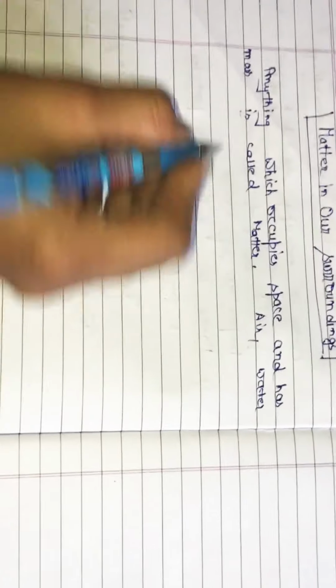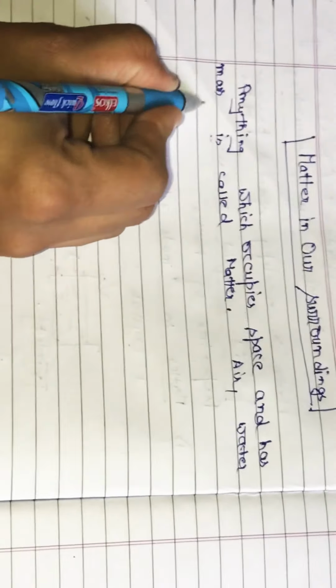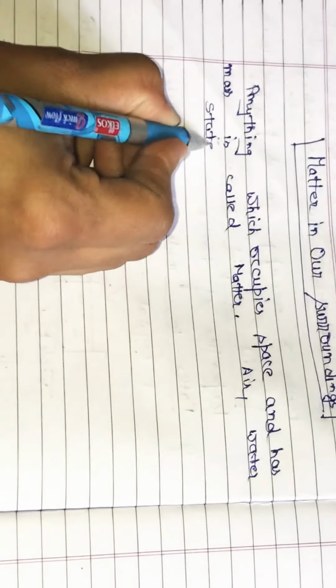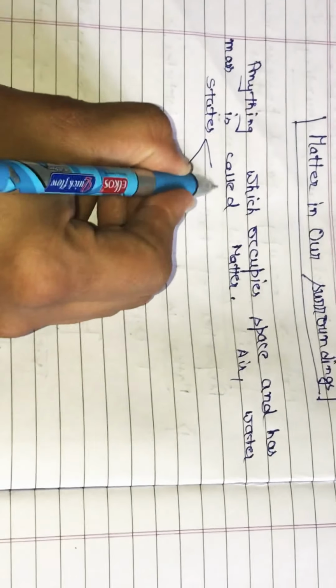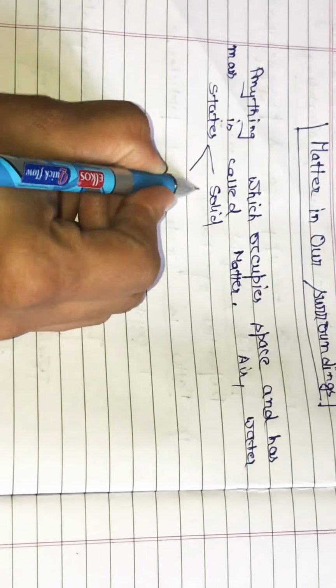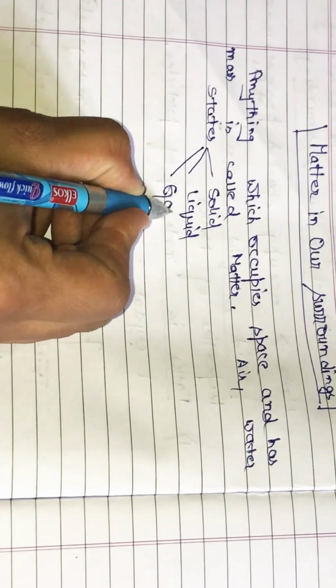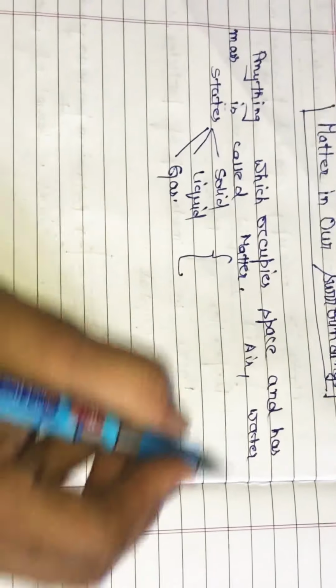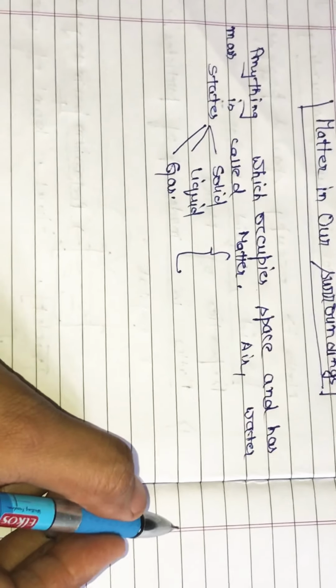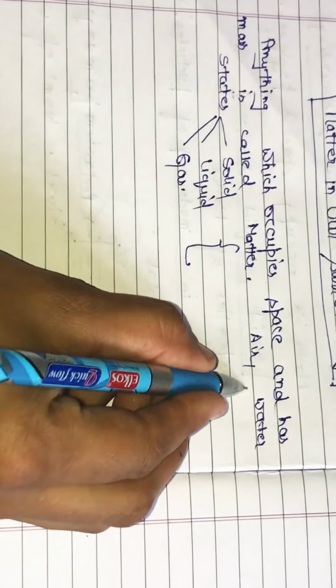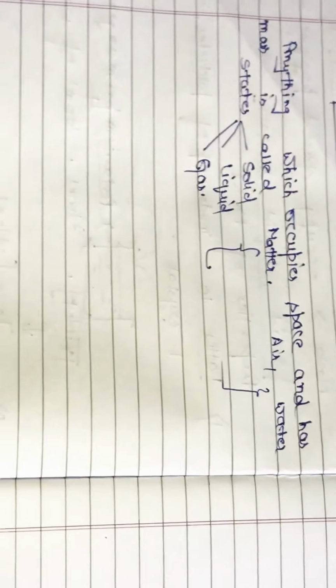Now matter can exist in three different states, which you are familiar with from your lower grades: solid, liquid and gas, right? But in this chapter we will do two additional states, Bose-Einstein condensate and plasma, the excited states, which we will discuss later.